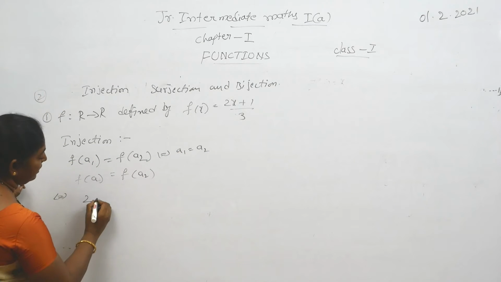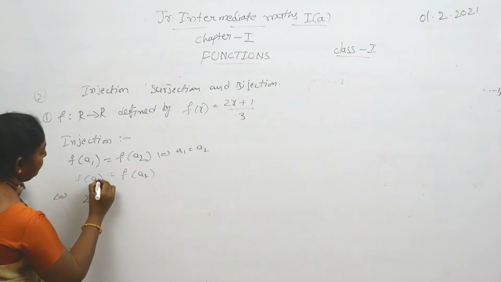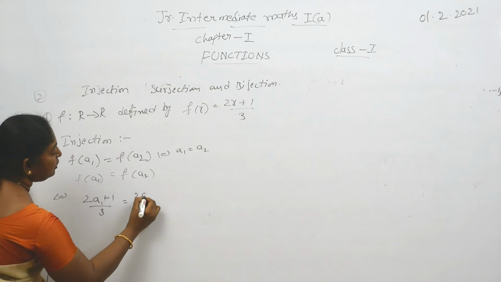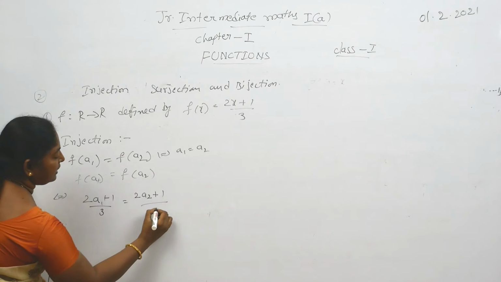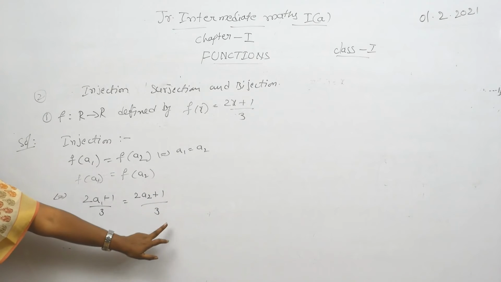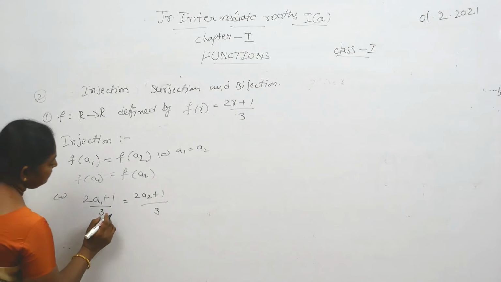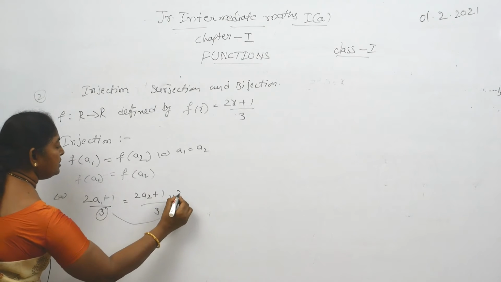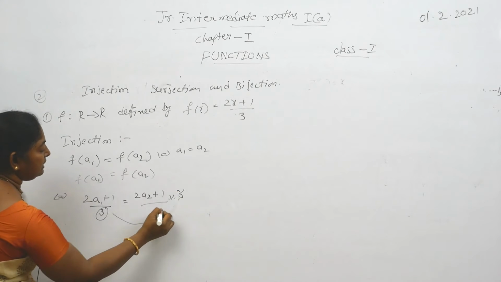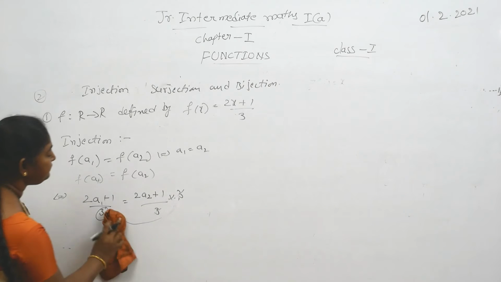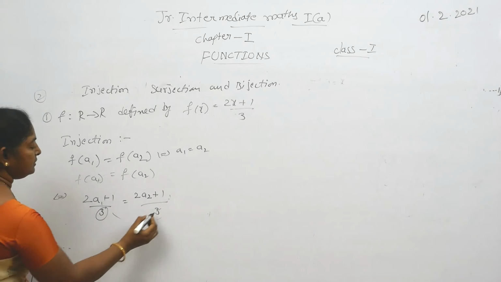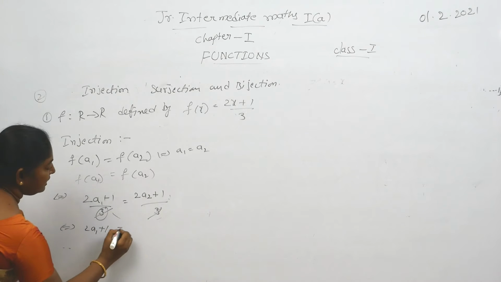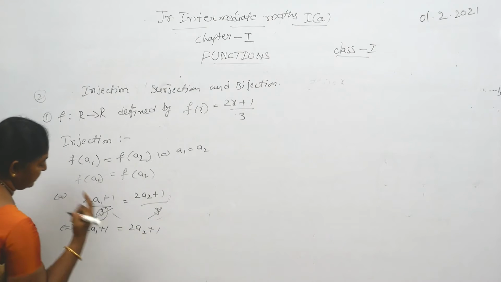So 2a1 plus 1 by 3 equal to 2a2 plus 1 by 3. Here denominators are equal, so they get cancelled. 3 is transposed to that side and becomes multiplication, so 3 will get cancelled. 2a1 plus 1 equal to 2a2 plus 1.